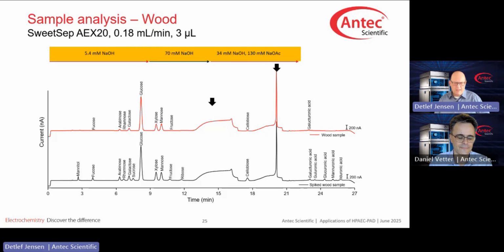And what the hump is in the first black arrow, that is basically due to the increase of sodium hydroxide in the amperometric cell. That changes the resistivity of the amperometric cell. It changes the current that flows. It changes the background current, and that's what you see changing. That's why we have that increase in the baseline.